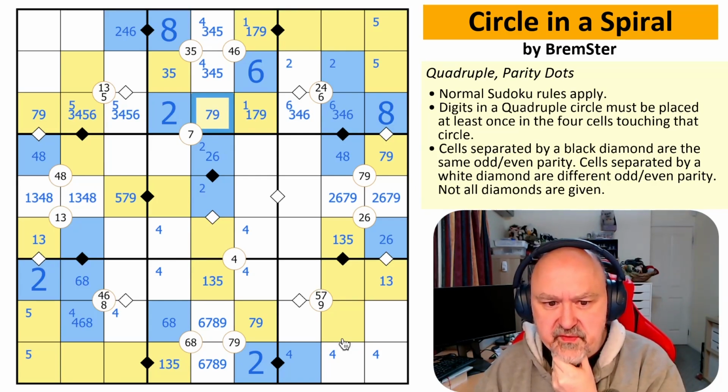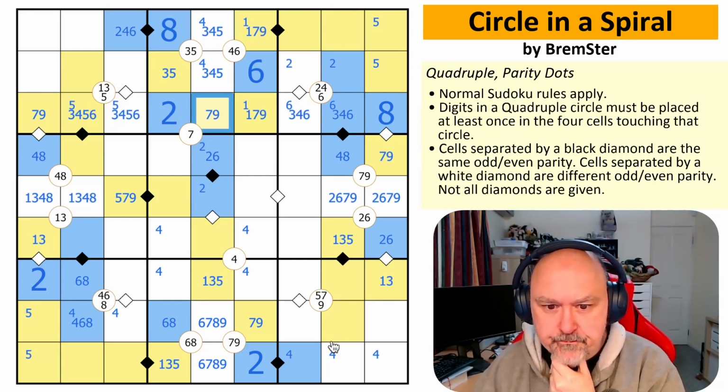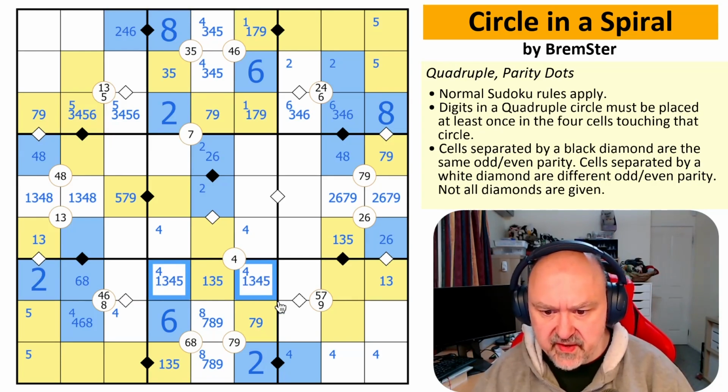I've probably forgotten some parity tricks. Oh, that 8 is looking down. This is a 6. There is no 6 in here. There must be an 8 in there now because this is a 7, 8, 9 triple. And these are 1, 3, 4, and 5. That's a 1, 3, 4, 5 quad.